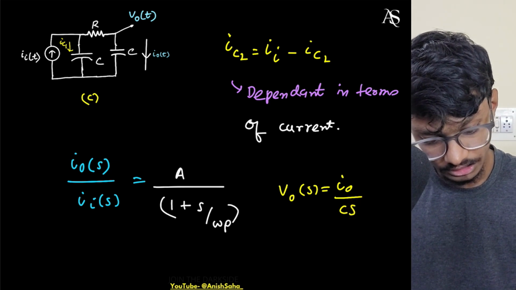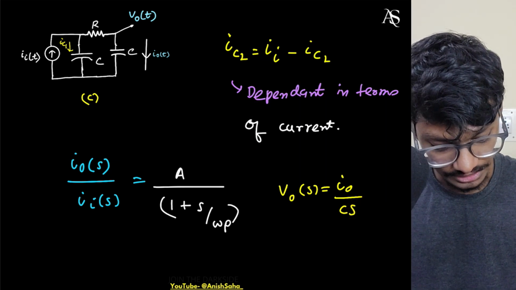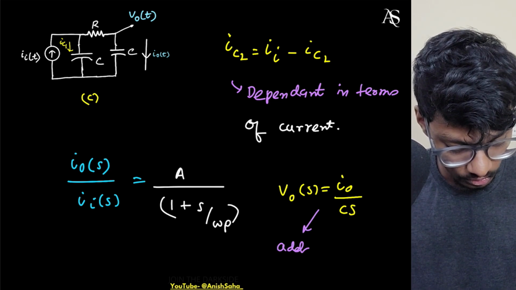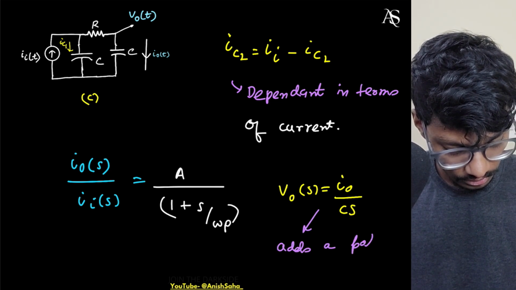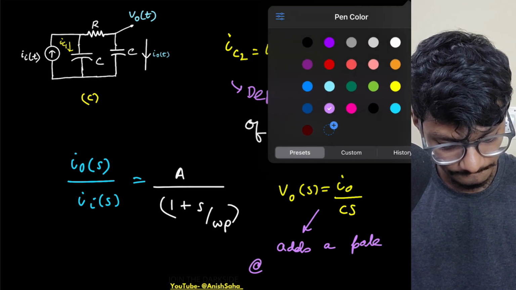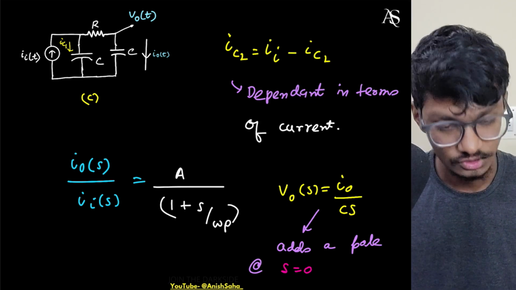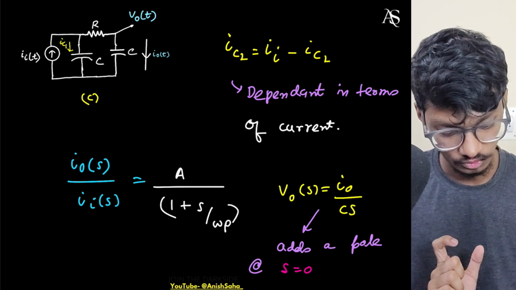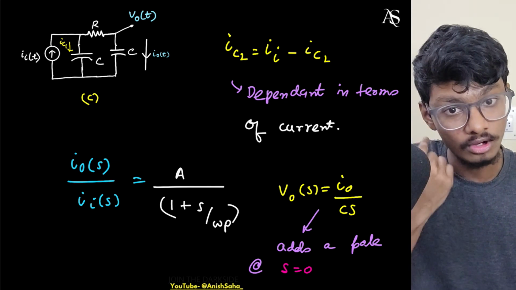So if I want to compute the output voltage, it adds a pole at S equals to 0. So if it adds a pole at S equals to 0, that means the order will increase.